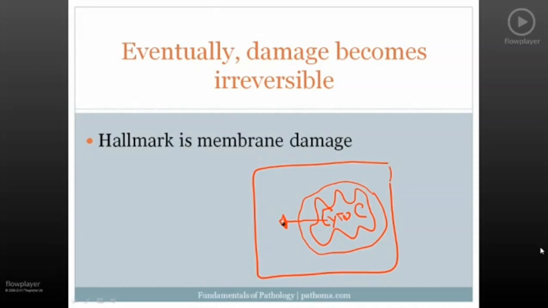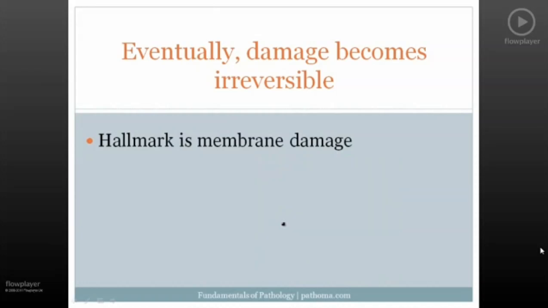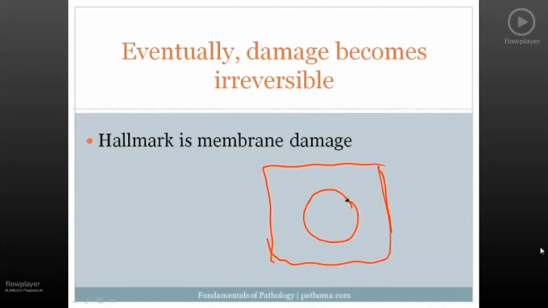A third type of membrane that is damaged is the lysosome. Now let's go back and remind ourselves that if this is a cell, one of the organelles within the cell is a lysosome. The lysosome is sort of the recycling factory of the cell. It contains lytic enzymes that have the ability to trash molecules into their basic building blocks. Now imagine if the enzymes present within the lysosome actually leak out into the cytosol, those enzymes are going to start trashing the cell itself.